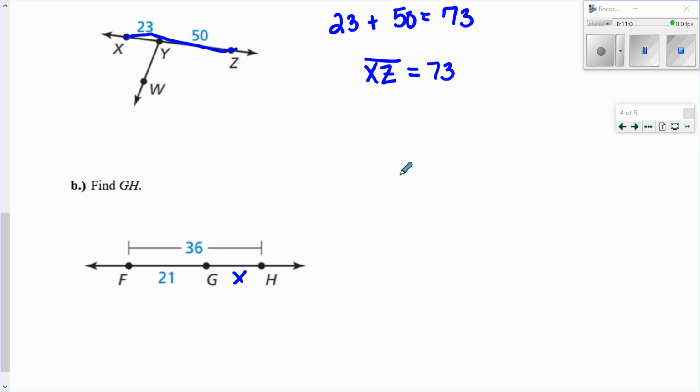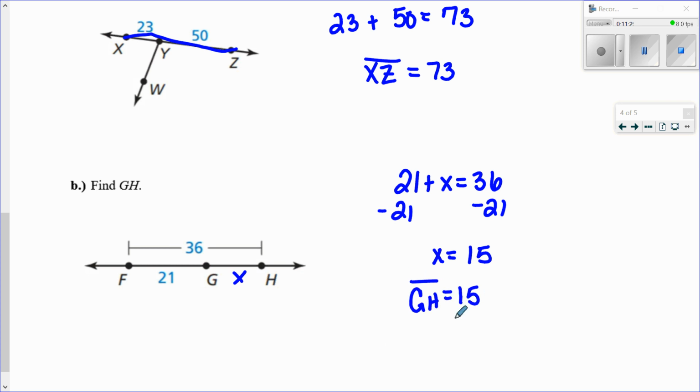So I'm going to do 21 plus x equals 36, because I'm missing this piece and I want to find it. I'm going to subtract 21 from both sides. I get x equals 15. So that means GH is going to be 15.